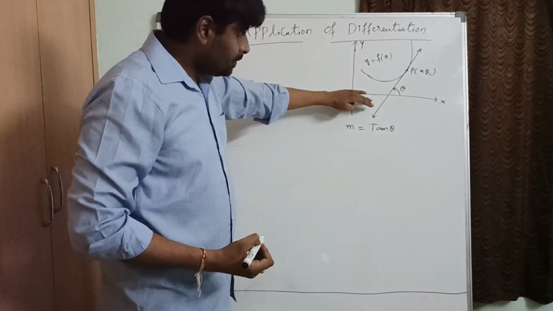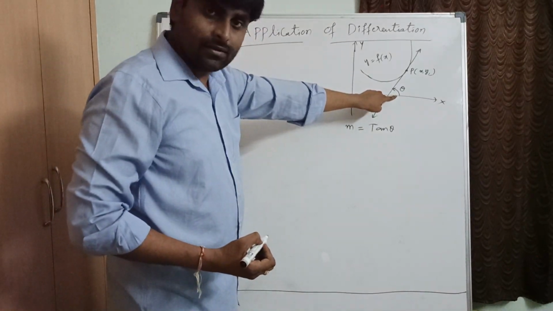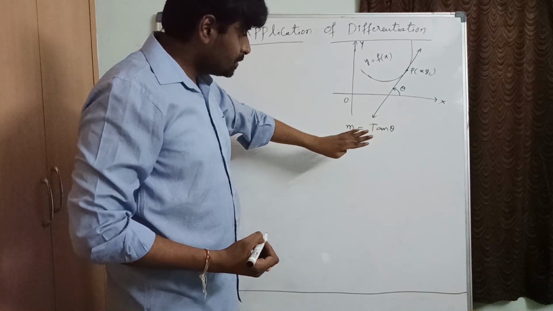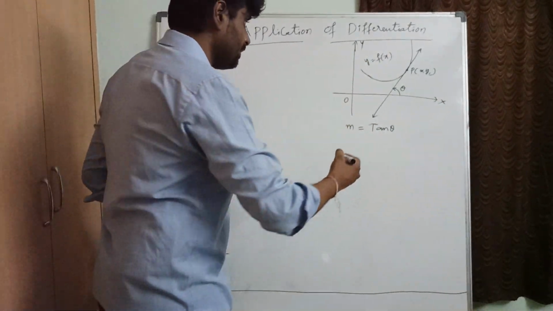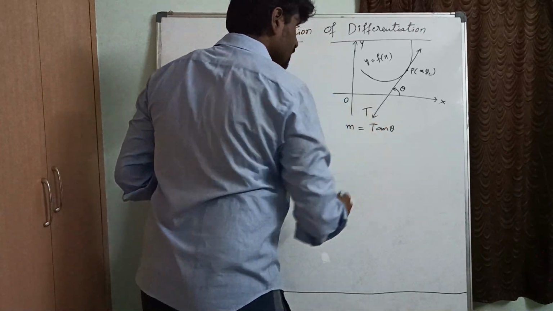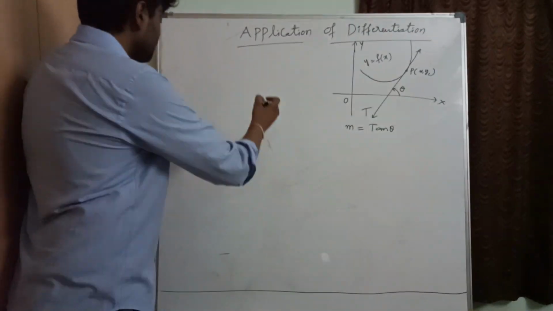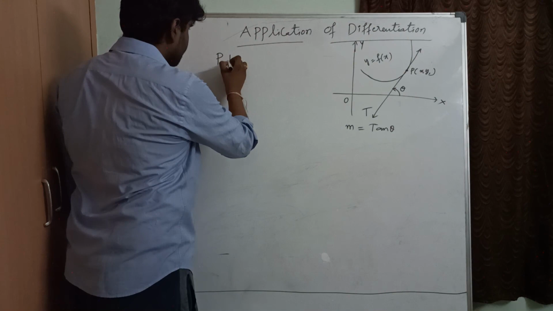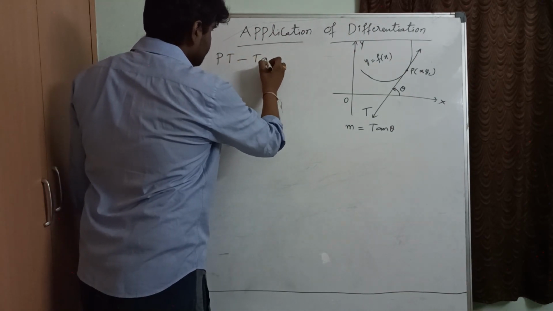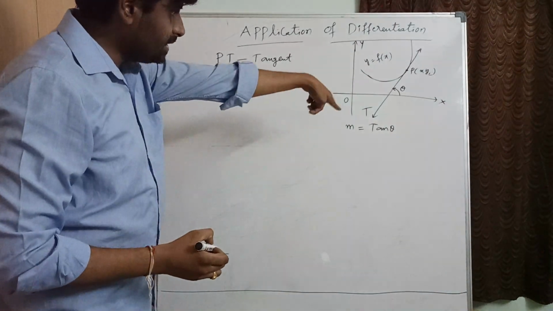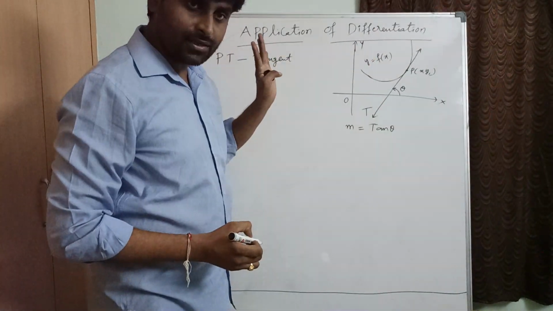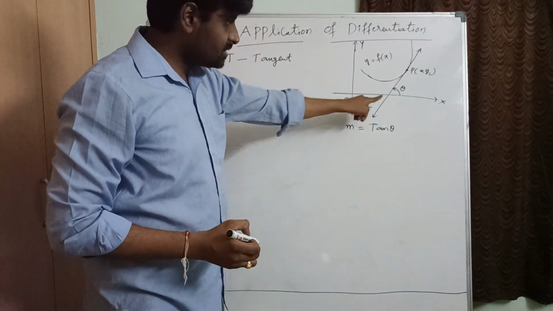So if you know the angle, we can easily find the slope of that tangent line. Let me take this as T. So here what is the tangent? PT is tangent at P for the curve, correct?